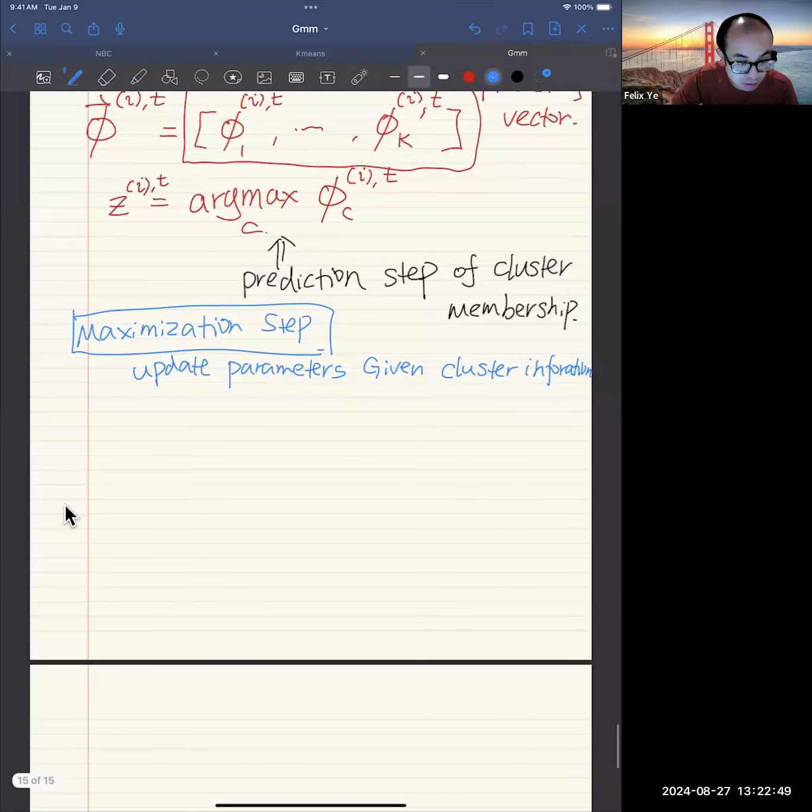The whole idea of the maximization is that we want to maximize this Q function.